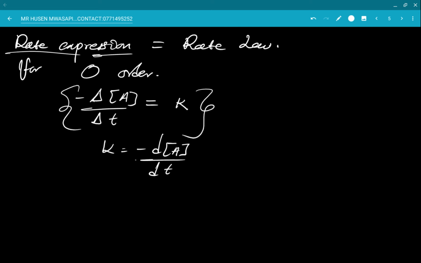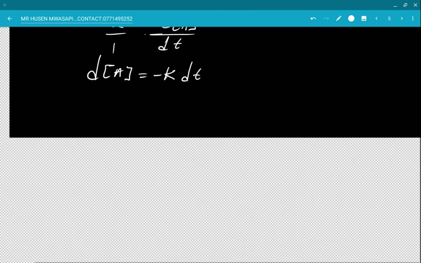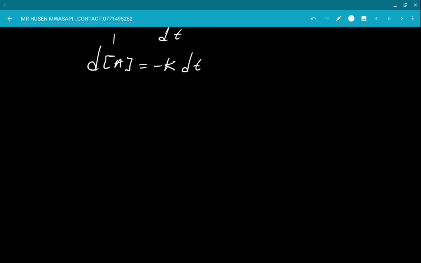We can cross multiply here, and we'll end up having delta A being equal to negative K dt. At this point, what we can do next is integrate what we have. So you can integrate this and also integrate that.